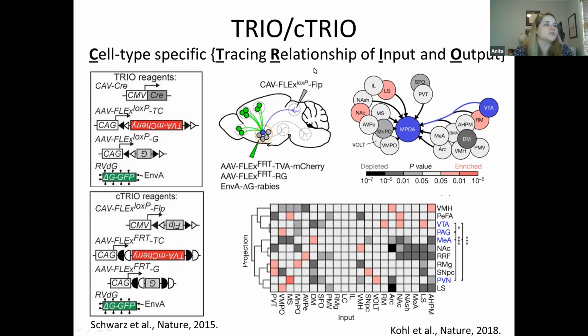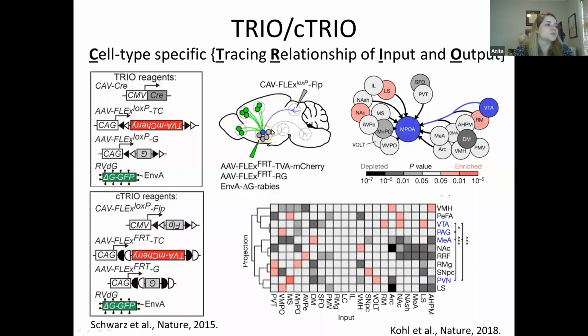And so you can choose to put your conditionally expressed FLP into different projection targets, allow that to be retrogradely transported, and then you have your FRT dependent expression of TVA and RG.